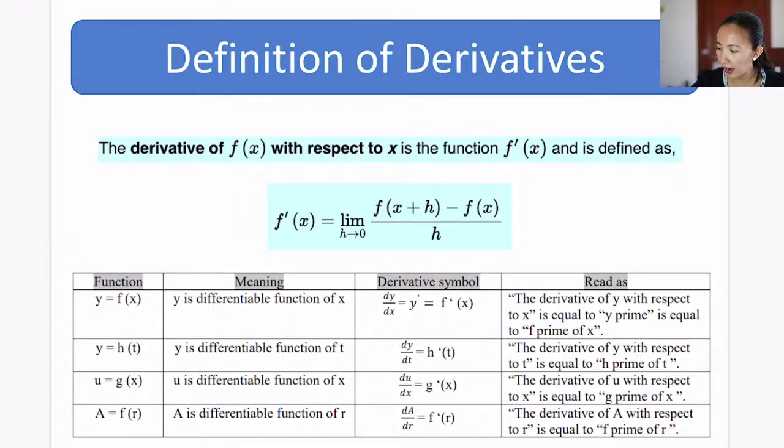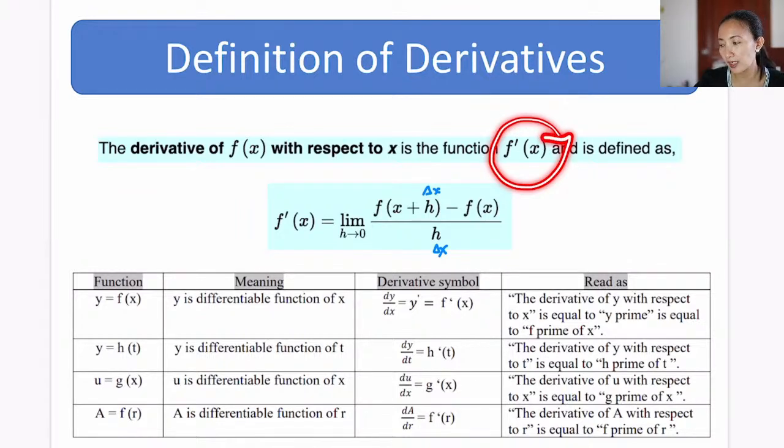Okay, so this may vary depending upon the author. Delta x could also be h. The derivative of f of x with respect to x is denoted as f prime of x. So if I say find the slope of the tangent line of the function f of x, then you can say that's f prime of x.